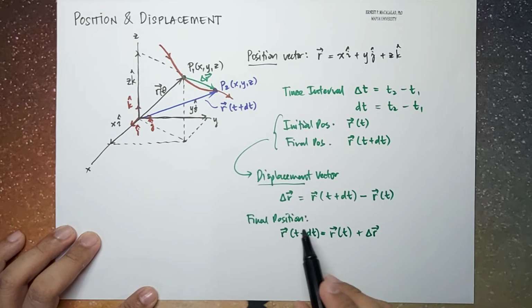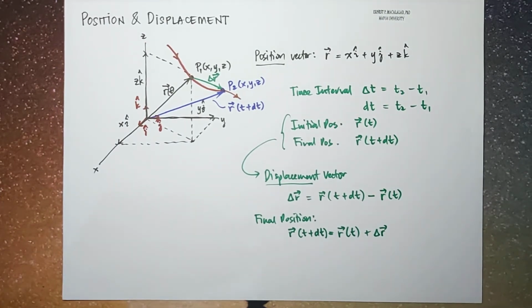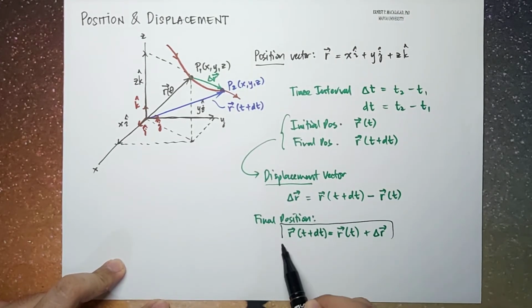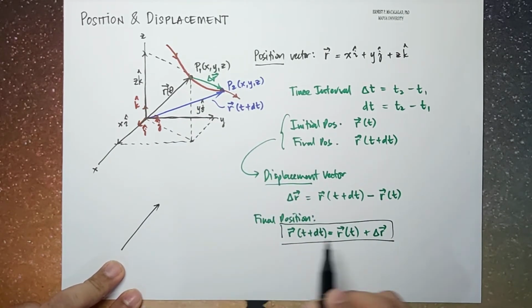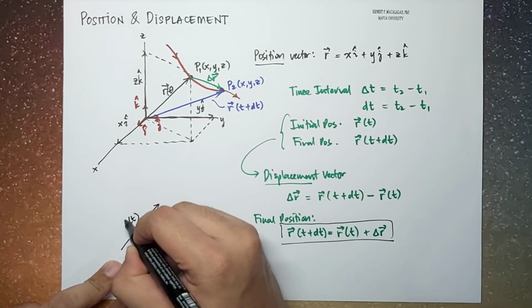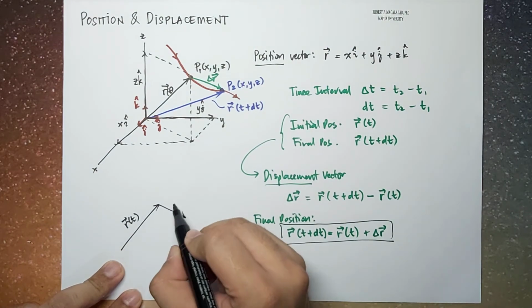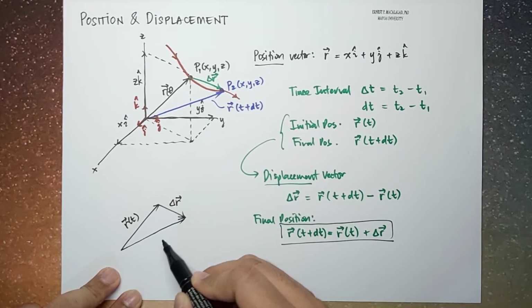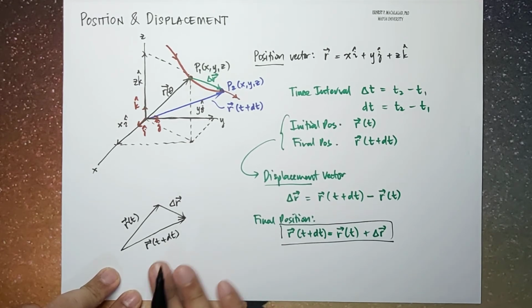As you will notice, this expression is consistent with the definition of the resultant vector, wherein if this is your r at time equal to t, and this is your delta r, then the resultant of these two vectors will be your final position, r at t plus dt.